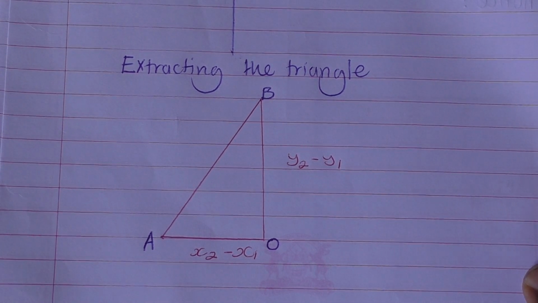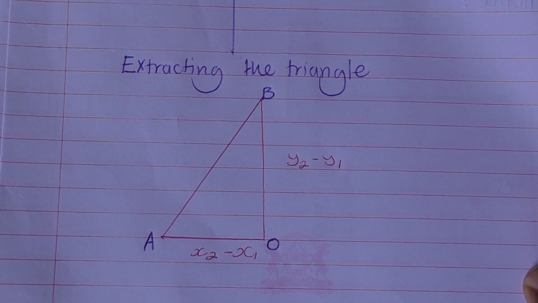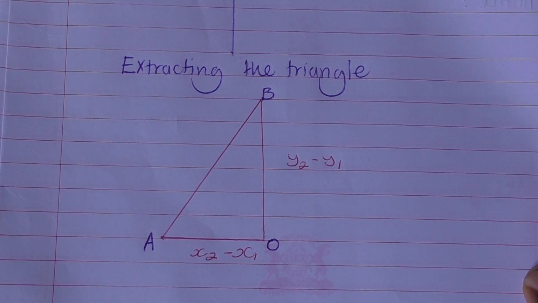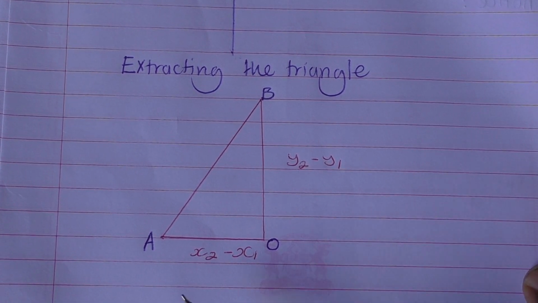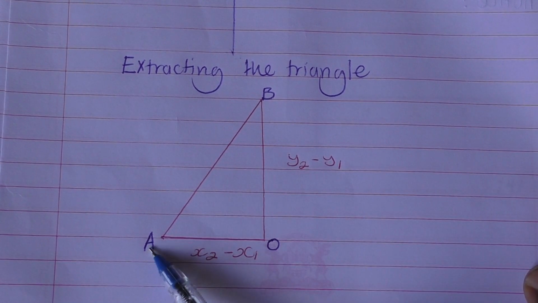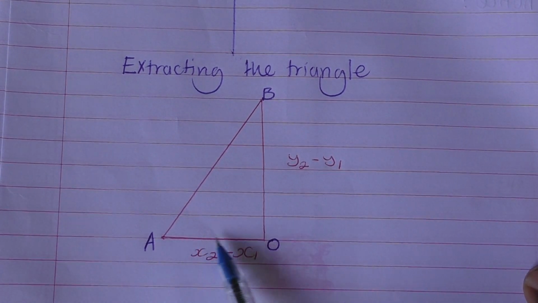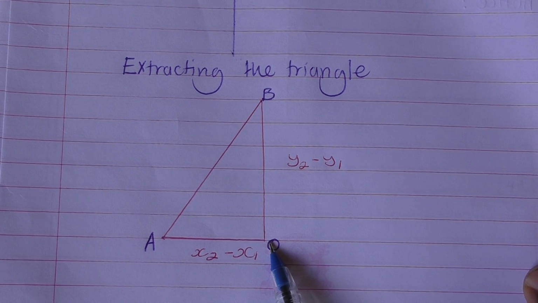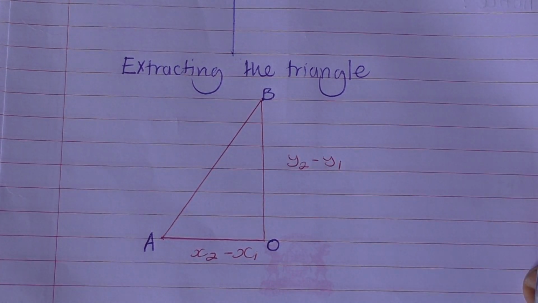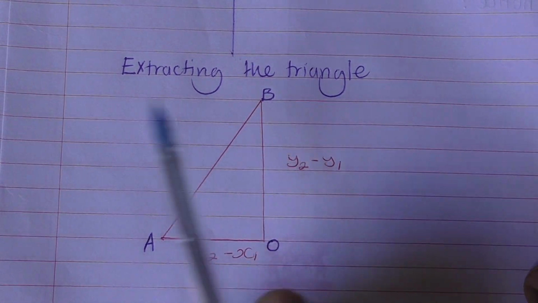Therefore, if we are to find the length AB, we shall use the help of the Pythagoras theorem. Since we know the base and the height, AB squared is equal to AO squared plus OB squared, and from there we can get the length AB.